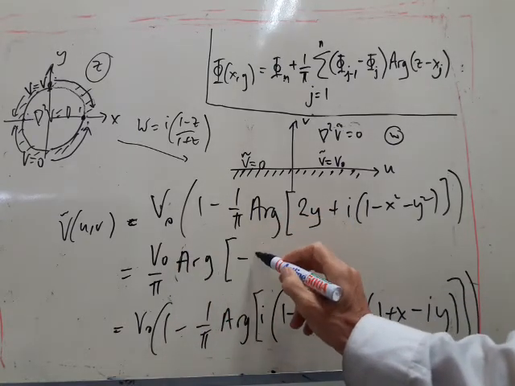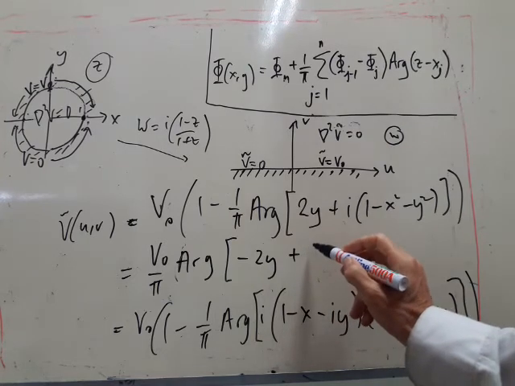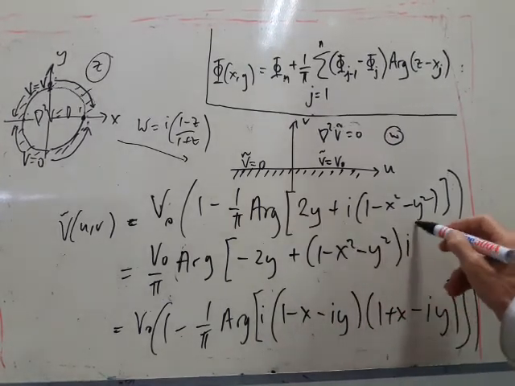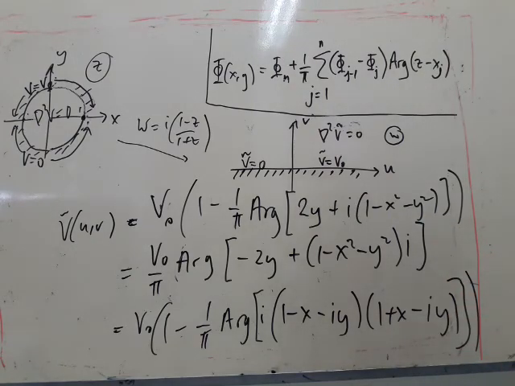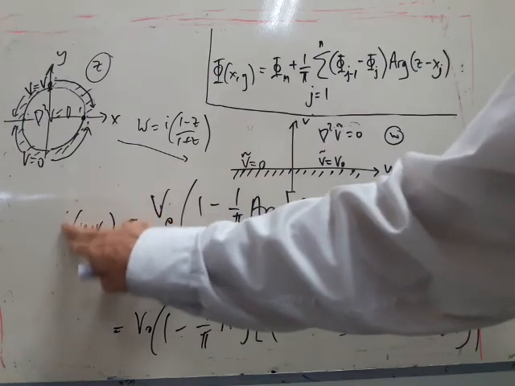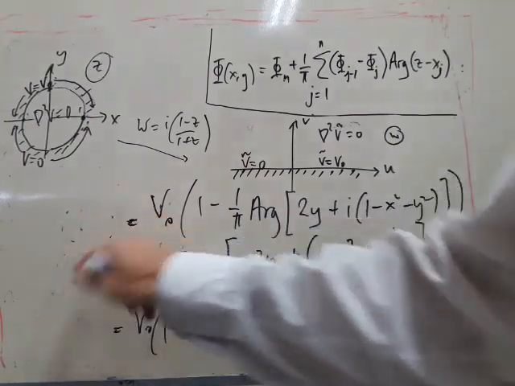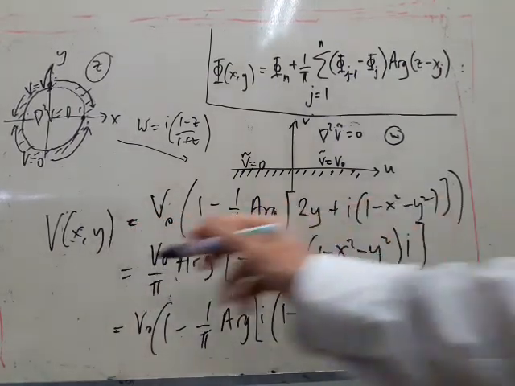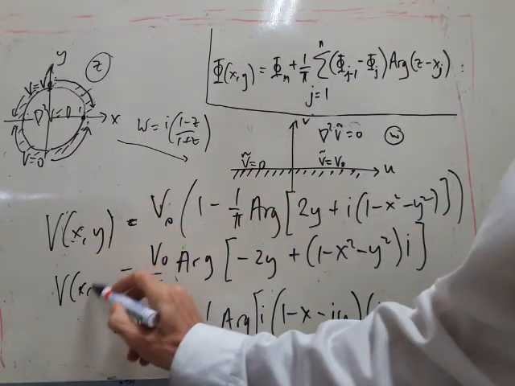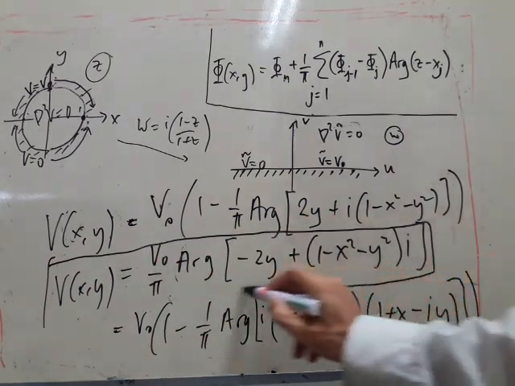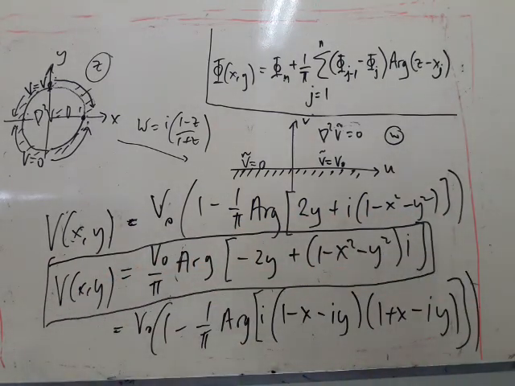So I've got minus 2y plus (1 minus x squared minus y squared) times i. I forgot to switch this round. This should now be v of x, y. Now I've changed everything to x and y. So v of x and y is equal to this is our final answer.